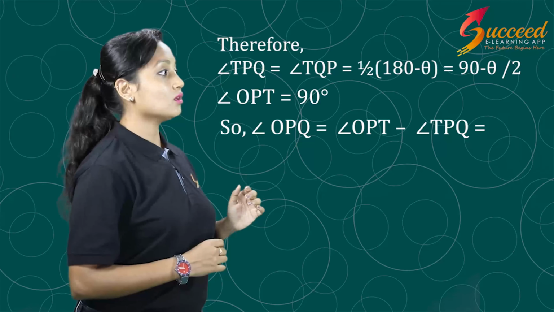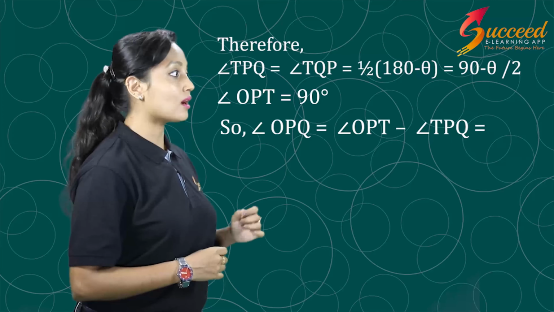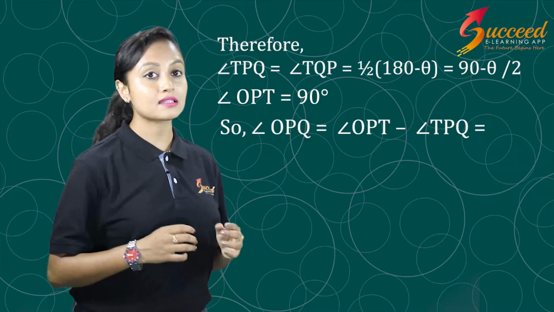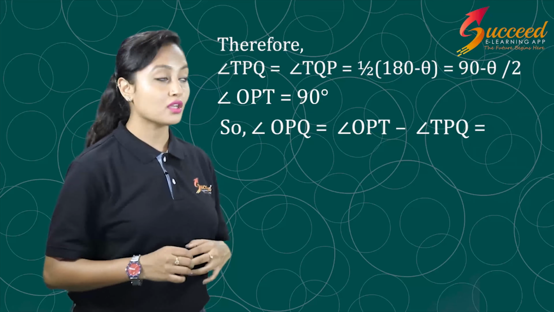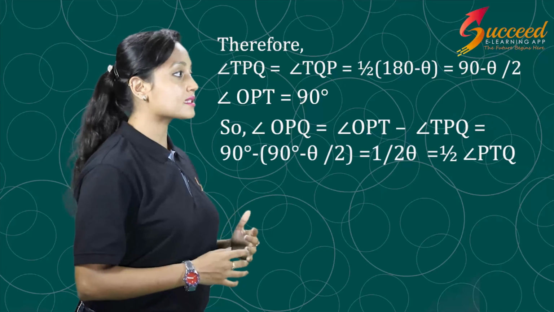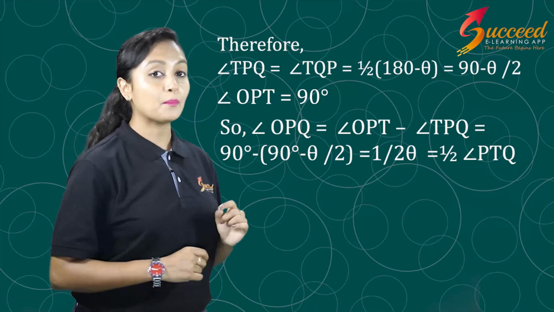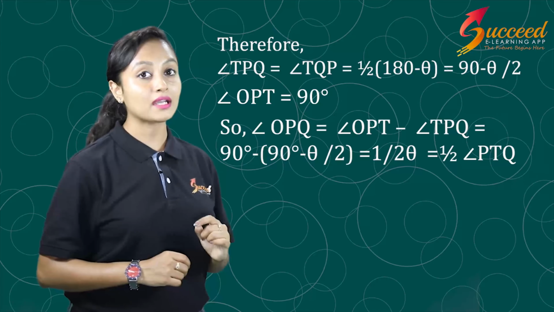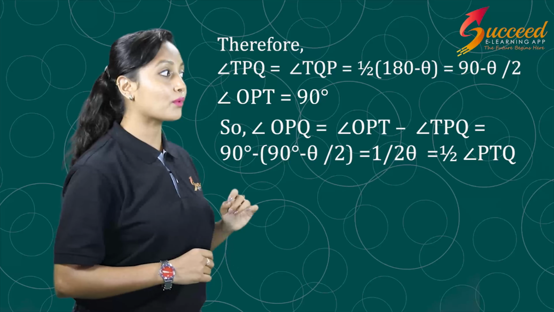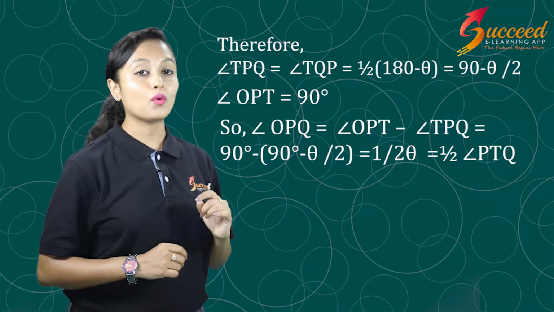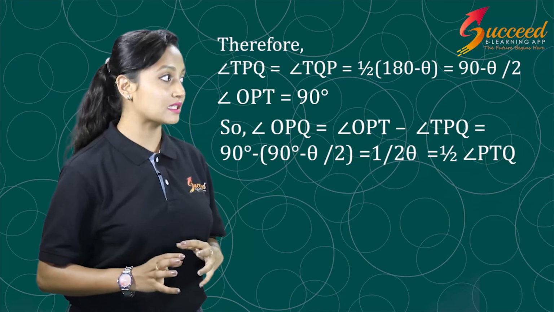So, angle OPQ is equal to angle OPT minus angle TPQ. When you substitute, you get 90 degree minus (90 degree minus theta divided by 2), which is equal to 1 divided by 2 into theta.